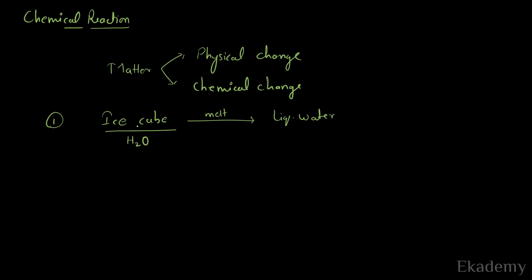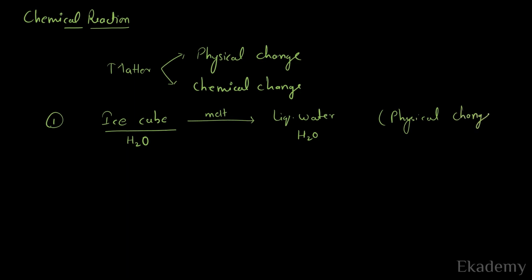Chemically it is H2O, and liquid water is also H2O only. So here we can see that identity or the nature of initial substance is retained, right? So the identity of the initial substance is retained in this type of change, and hence this type of change is called physical change.